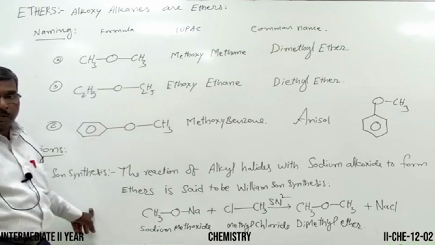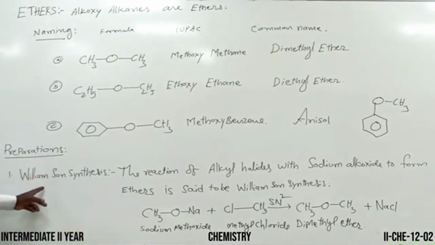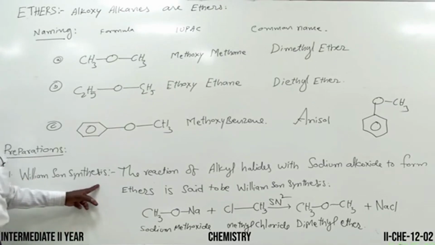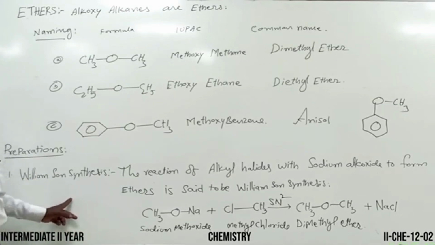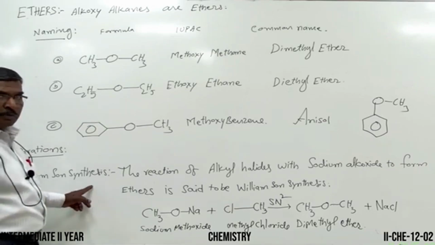Many methods of preparation are there. Among them, the very important method, by which ethers are prepared commercially in large quantity, is the Williamson synthesis. I have taken a very simple example. What is Williamson synthesis?